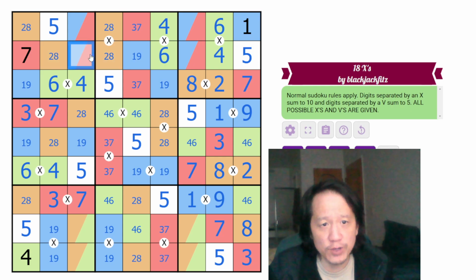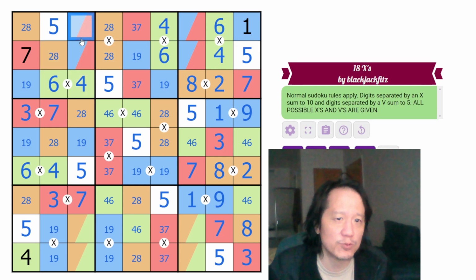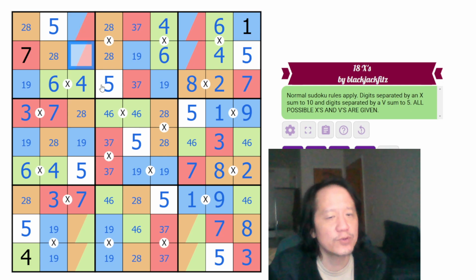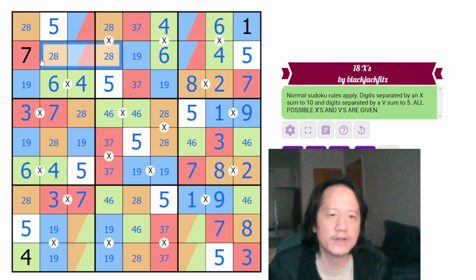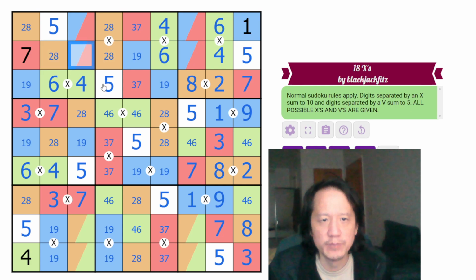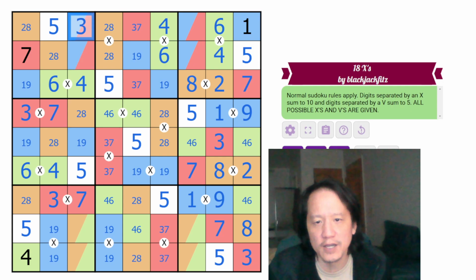So if the 3 were here, and we know the 3 has to be one of these 2 cells, it would guarantee that it would be next to a 2, because one of the 2's has to be in one of these orange cells. Therefore, there would be a V in one of the edges surrounding this cell, but there isn't. So this can't be a 3, which means this has to be the 3 and is the red, so it can't be blue. This can't be the corresponding red.